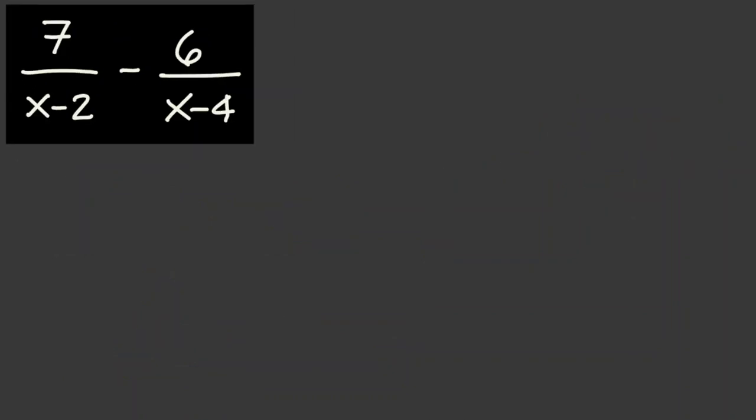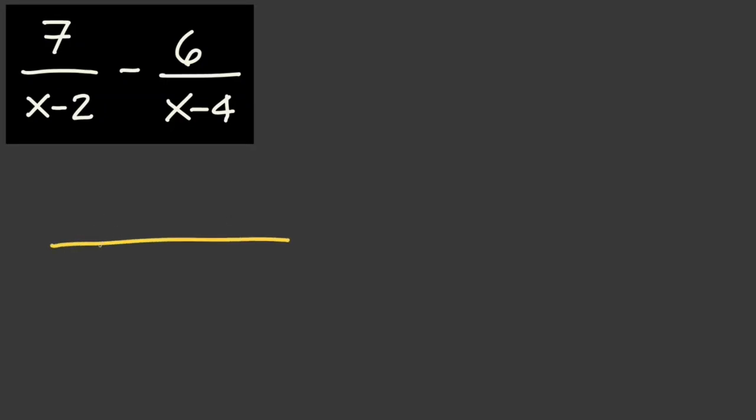Okay, let's solve another problem here. We have 7 over x minus 2 minus 6 over x minus 4. In this case, we cannot find a whole number as our LCD, so we just have to multiply our denominators.